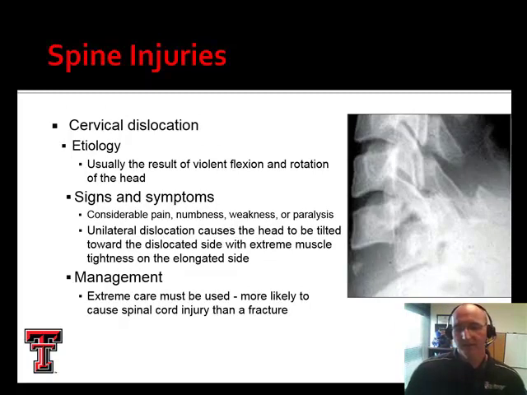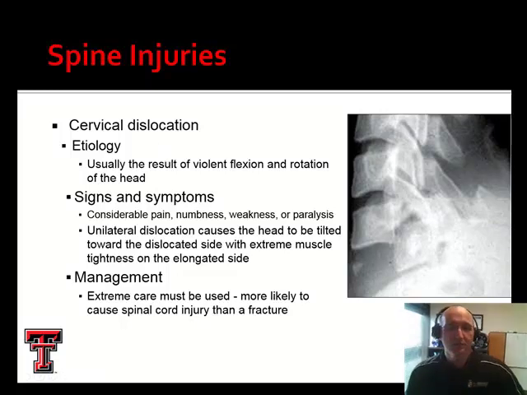Okay, in the case of a cervical dislocation, here we don't have a fracture, but one vertebra has slipped relative to another. These usually occur from a violent flexion and rotation of the head. So we'll see this, both of these conditions involve a patient who's trying to tackle an opponent by leading with the crown of their head, and in the case of a dislocation, maybe even leading with their face.